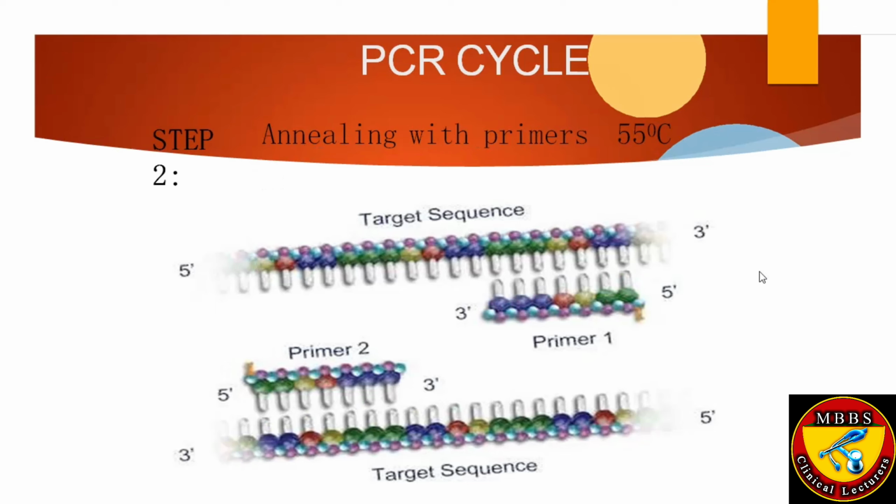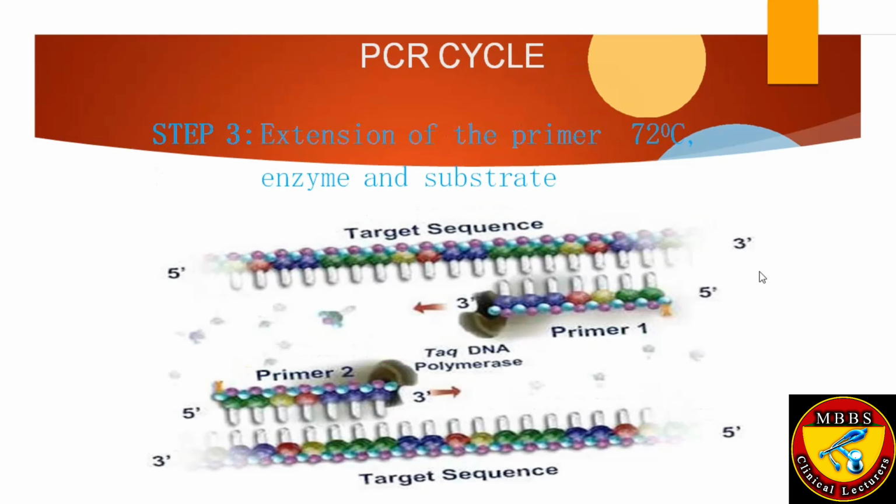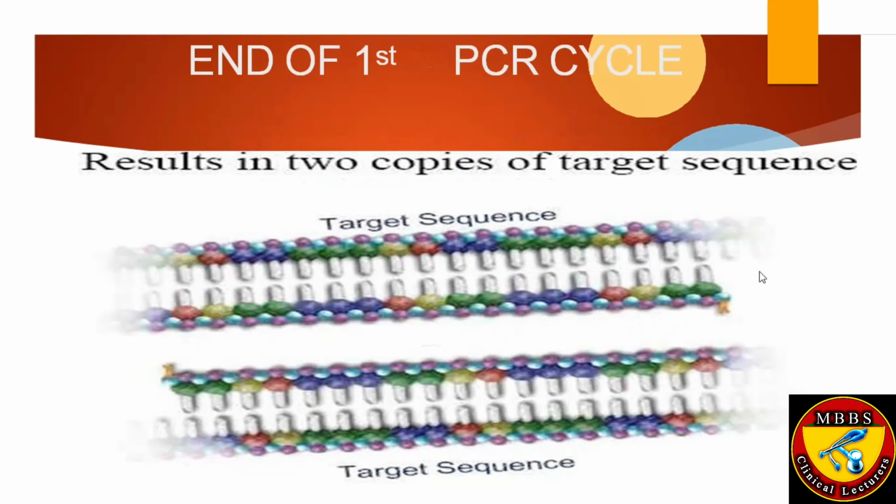The temperature is lowered to 55 degrees, in which the DNA is separated and primers attach. Then the next step in the PCR is the extension of the primer by increasing the temperature up to 72 degrees C with the help of the enzyme and substrate. So it results in two copies of the target sequence.